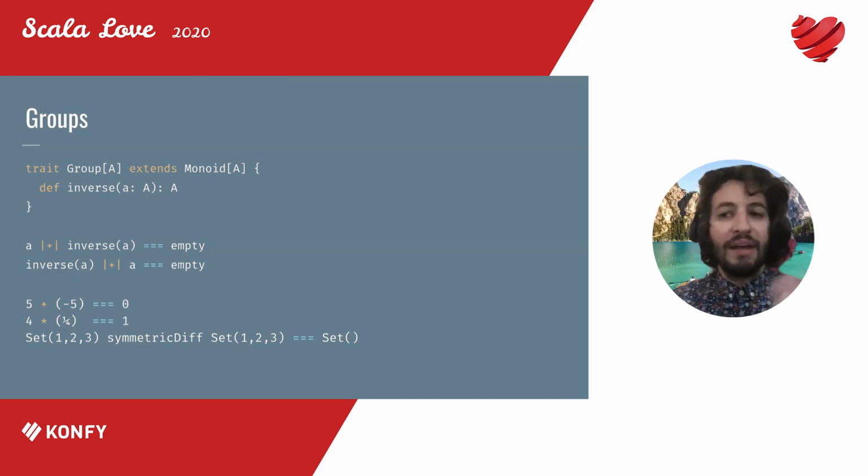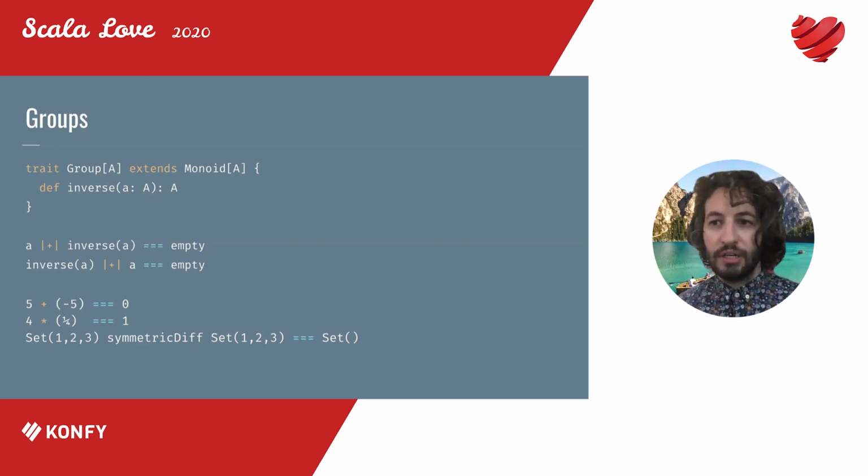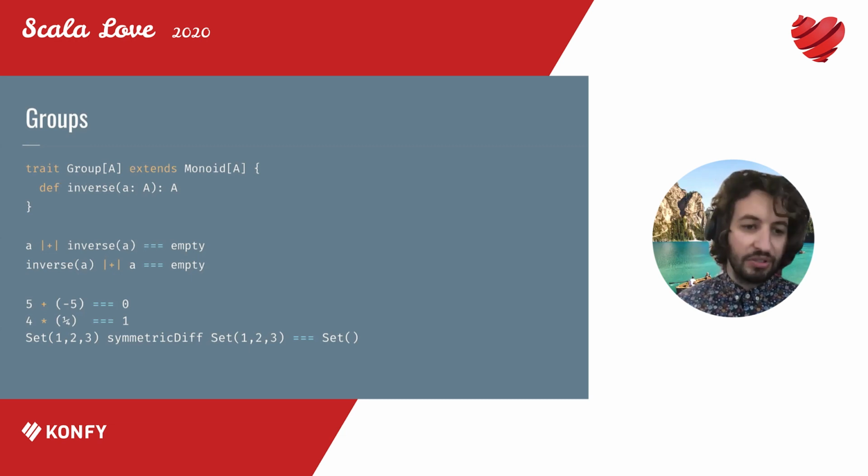When you combine those by addition, you get 0, which is the identity. So integer addition forms a group. And so does multiplication, or I guess not integer multiplication, but some kind of number that supports fractions, whatever these things are called in English.